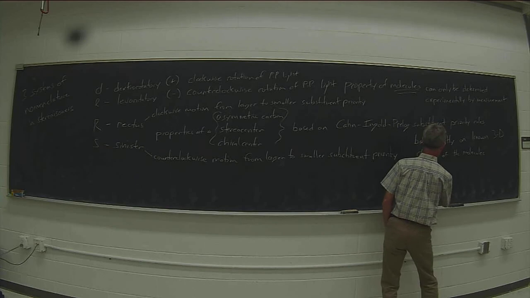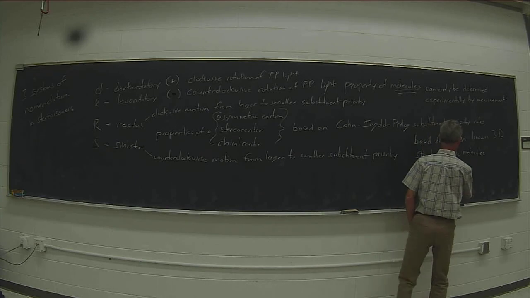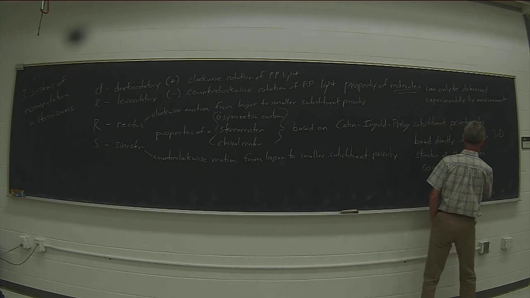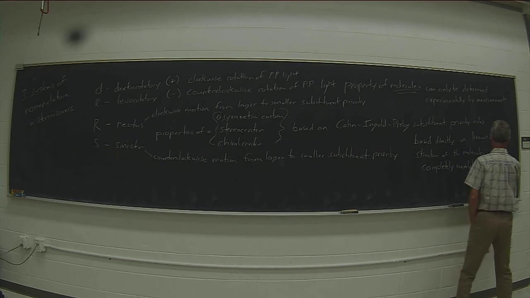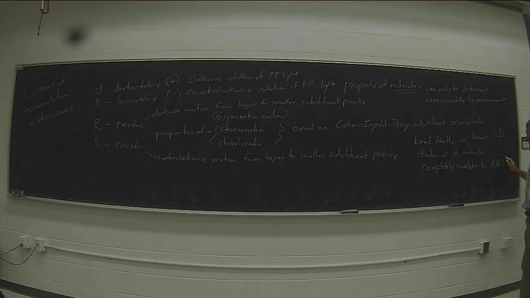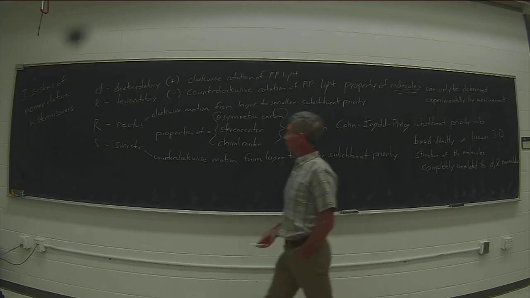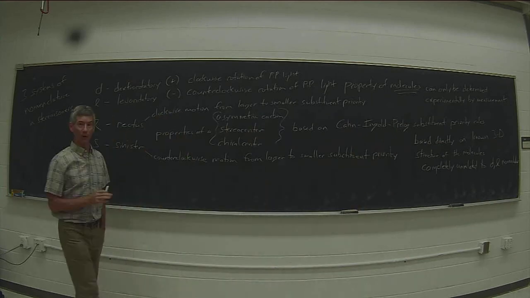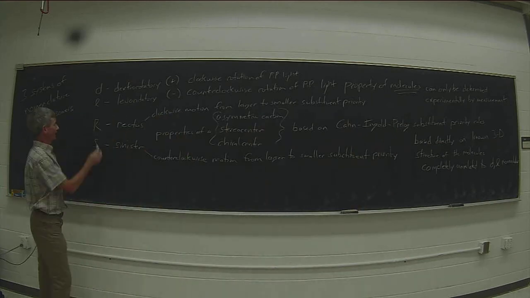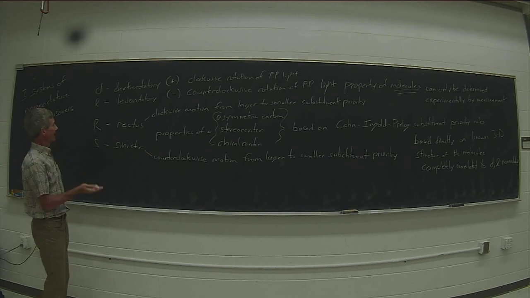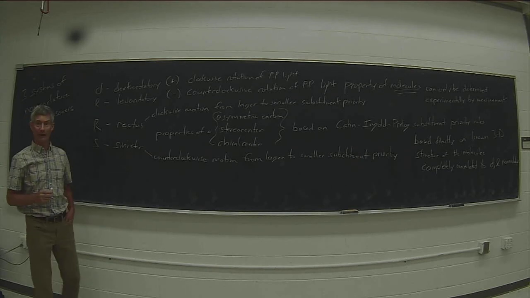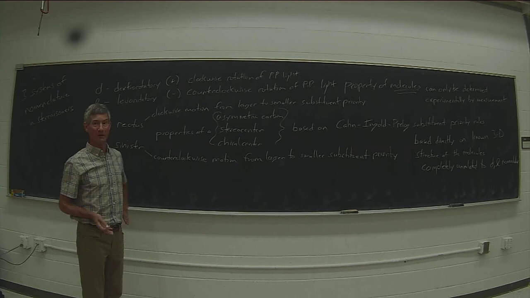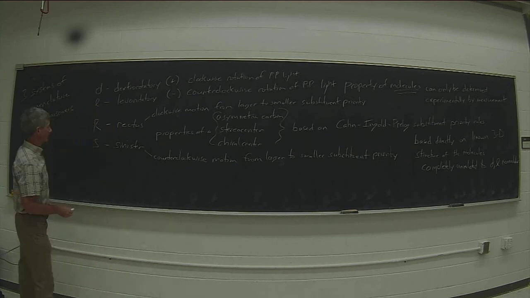And it is completely unrelated to DL nomenclature. So it's possible to have a clockwise motion from larger to smaller substituent priority, and thus have an R stereocenter, and yet rotate plane polarized light in a counterclockwise direction, and so be a levorotatory compound.